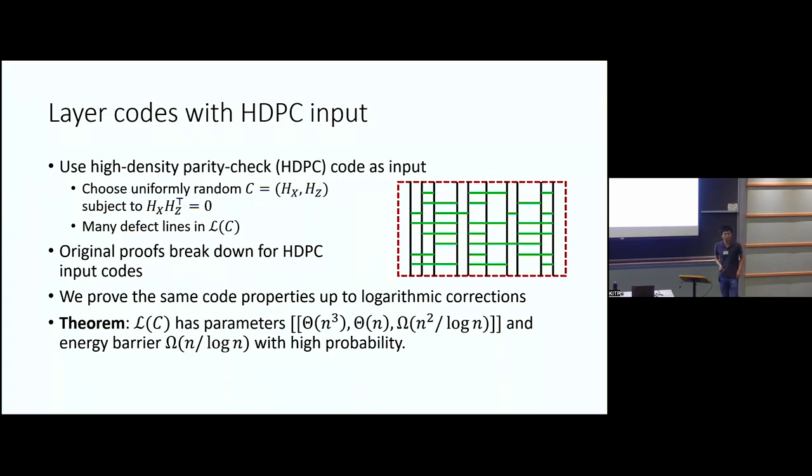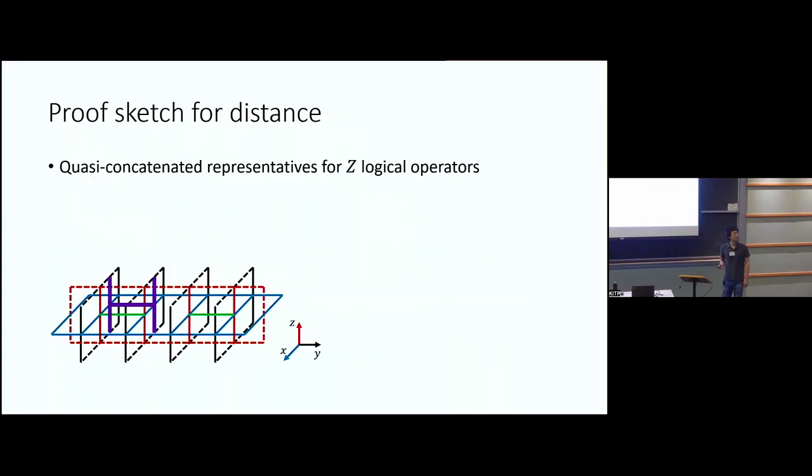So some of these proofs are quite involved, but let me just give a high-level overview for the distance. Remember, this construction is kind of like concatenation. So the logical operators of the code are also what we call quasi-concatenated logical operators.